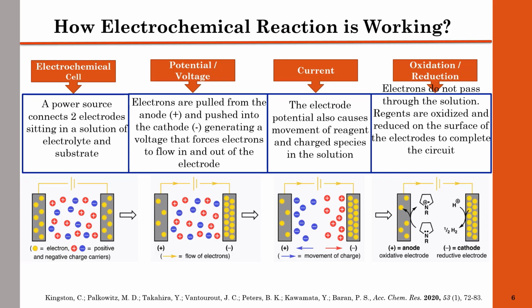So normally, oxidation is happening at the anode, and reduction is happening at the cathode. This process continues until the reaction is complete. So that is how an electrochemical reaction works.